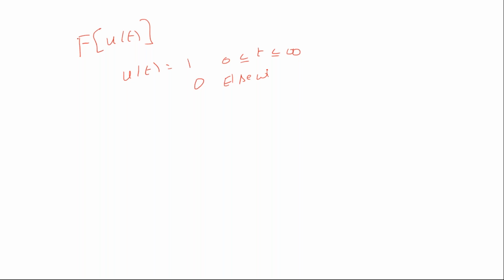That you already know, right? If I ask you to plot the graph for this, you can plot it. This is 0 and this is the time scale, and you'll have an amplitude 1, and this you can say is u of t, right?